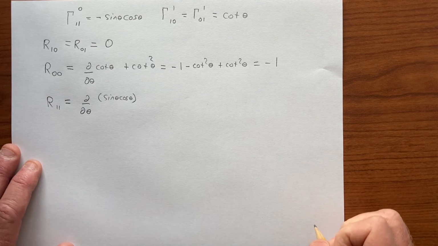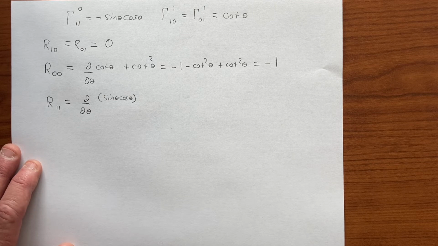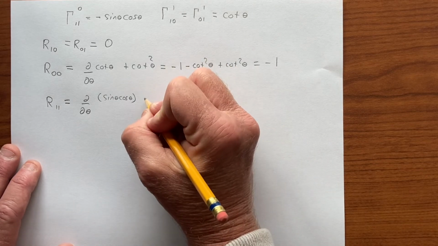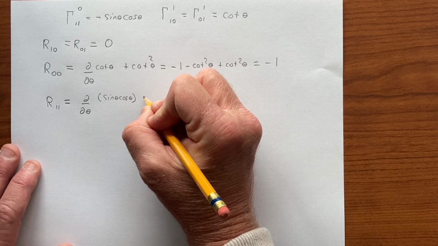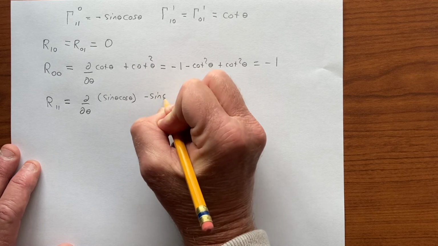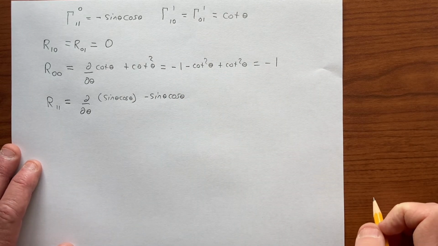And then we have Γ^0_11 that survives. So we have a minus sine theta cosine theta, and that gets multiplied.